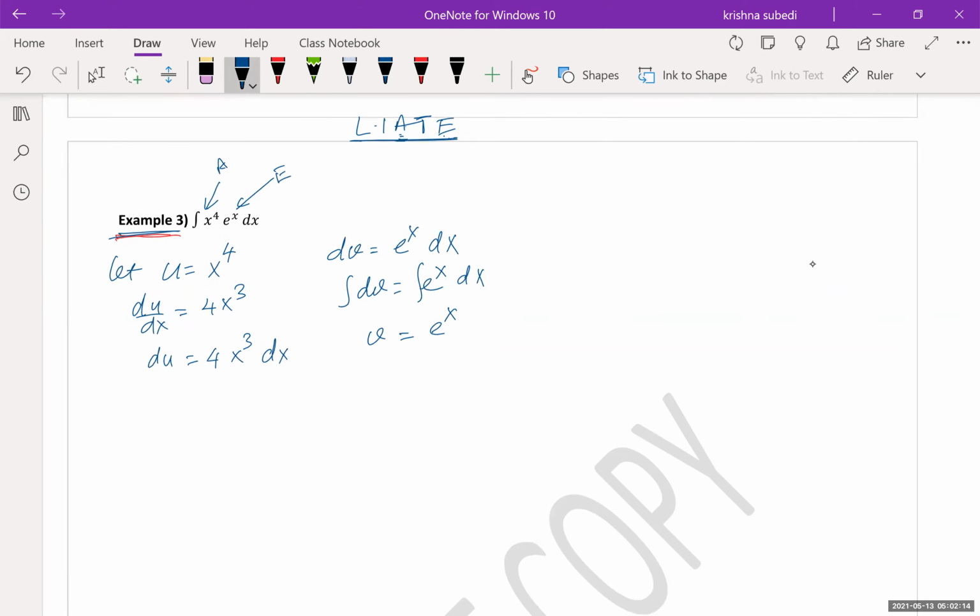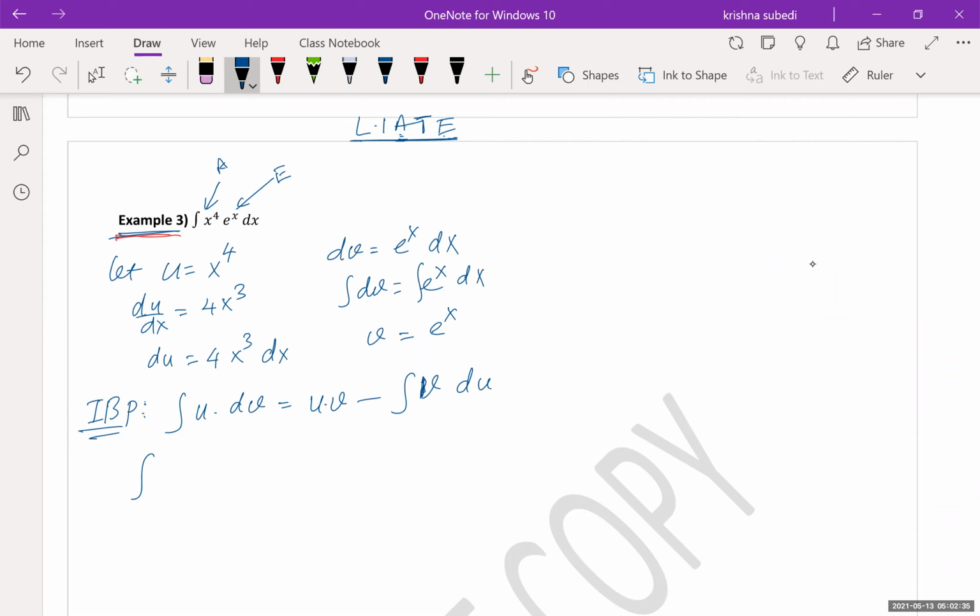Now, let us substitute the values in IBP. The formula is integration of u dv equals uv minus integration of v du.